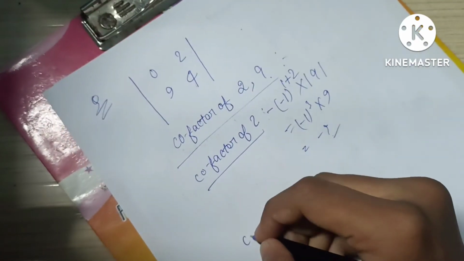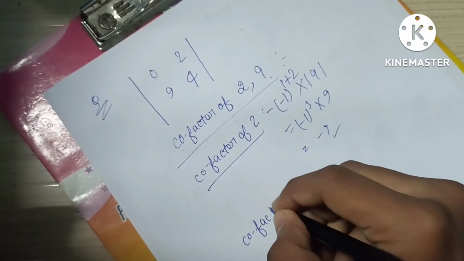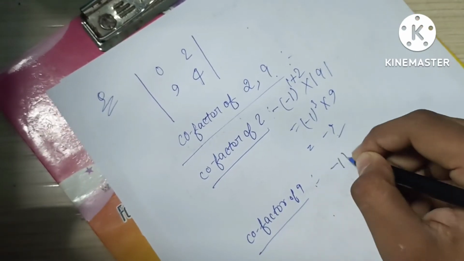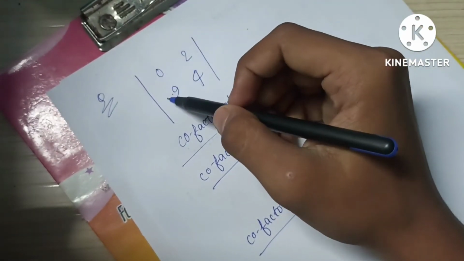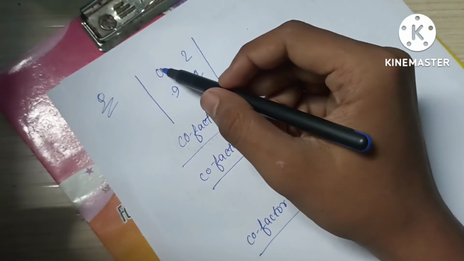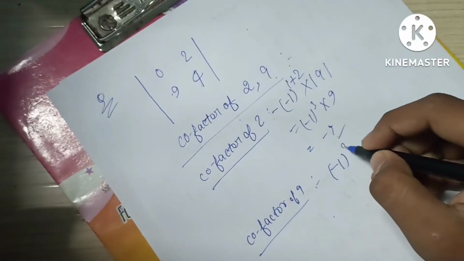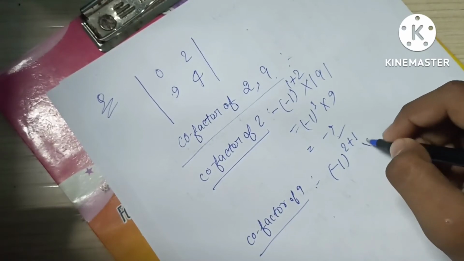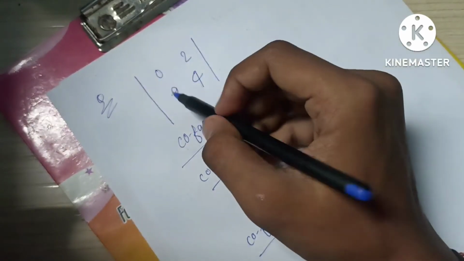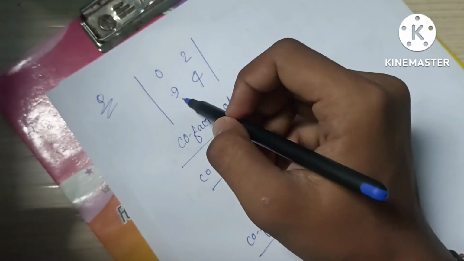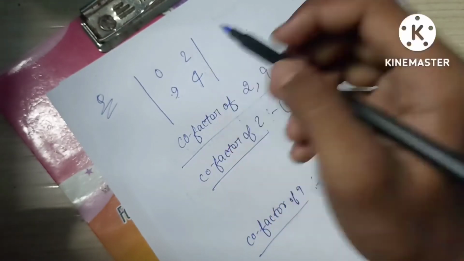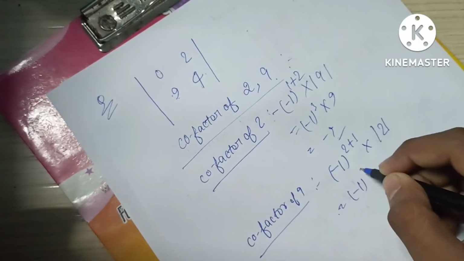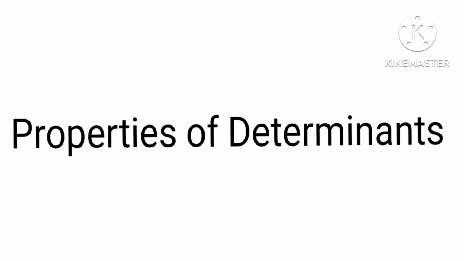Similarly we can do the cofactor of 9 also. Cofactor of 9 here is -1 to the power of 2 plus 1, because it is in the second row and first column, multiplied by the remaining number. We'll exclude this column and this row. The number left is 2. So we'll solve this, and again we will get a minus.